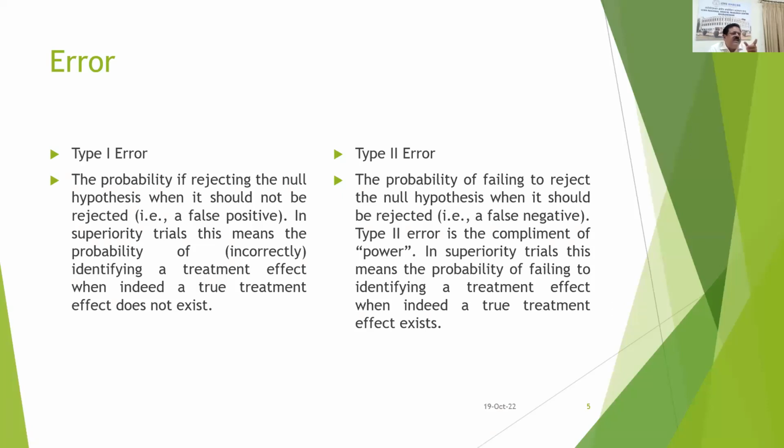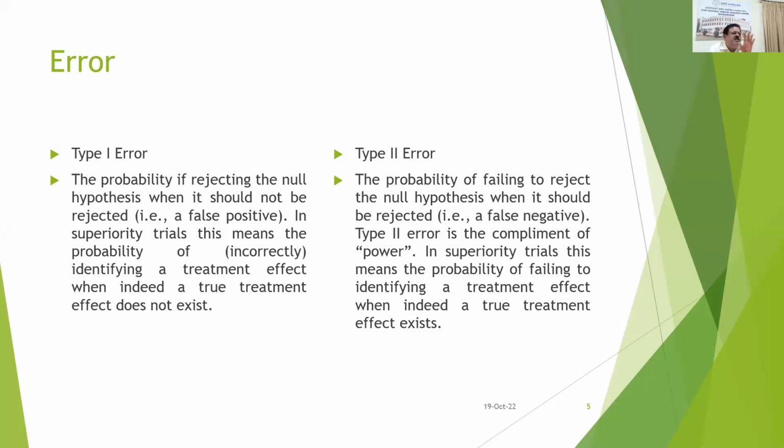Type 2 error is the probability of failing to reject the null hypothesis when it should be rejected, that is, a false negative. Type 2 error is the complement of power. In a superiority trial, this means the probability of failing to identify a treatment effect when indeed a true treatment effect exists.